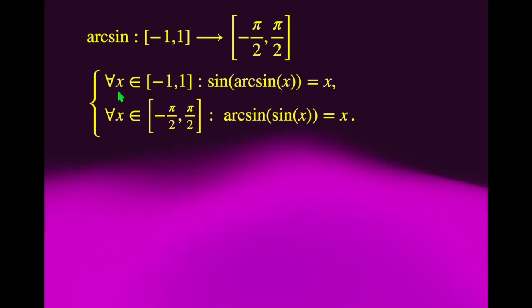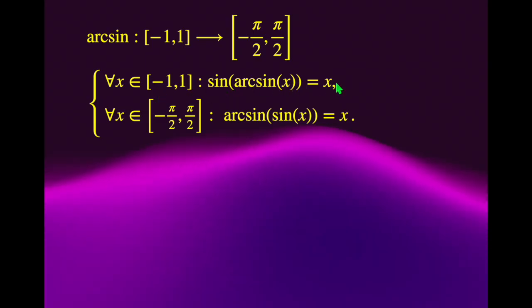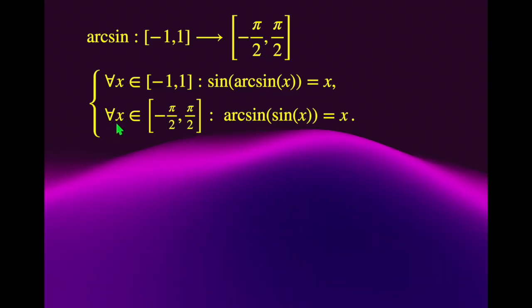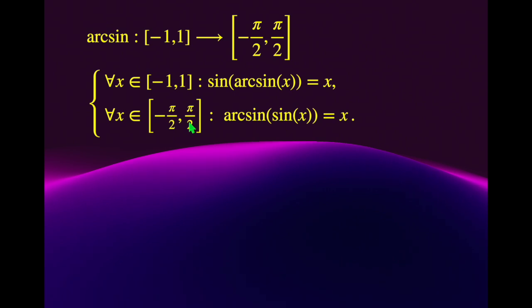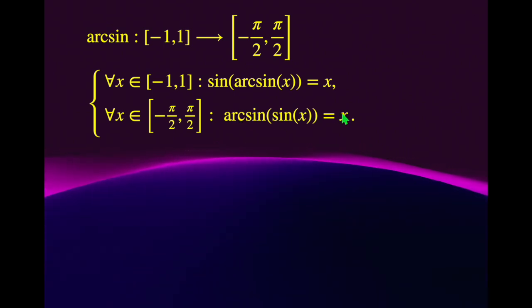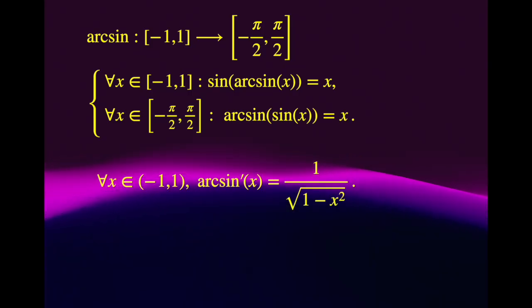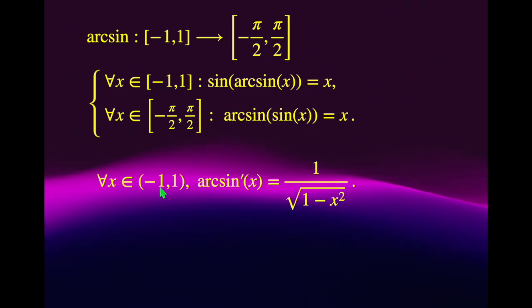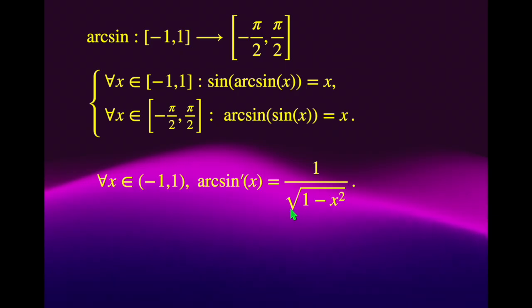So we have for any x in minus 1, 1, sine of arcsin x is equal to x, and only for x in minus pi over 2 to pi over 2, we have arcsin of sine x is equal to x. Moreover, arcsin is differentiable on the open interval minus 1, 1, and its derivative is 1 over the square root of 1 minus x square.